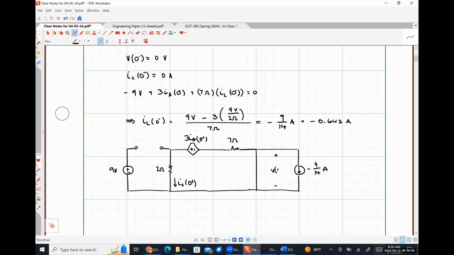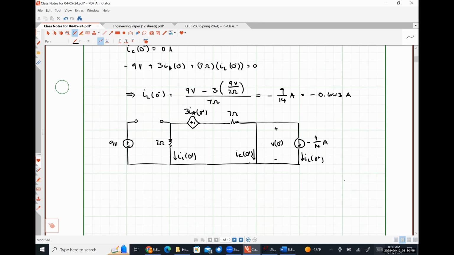So here's V at 0 plus, IL at 0 plus, IC at 0 plus, and we know that V at 0 plus has to be V at 0 minus, which is 0 volts.